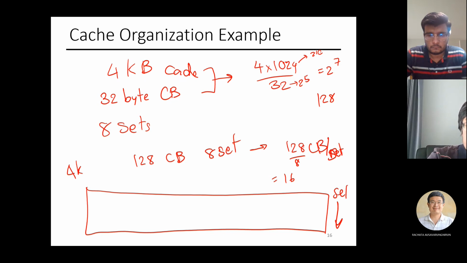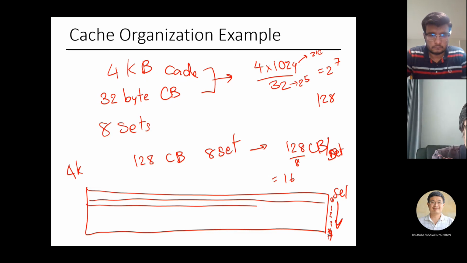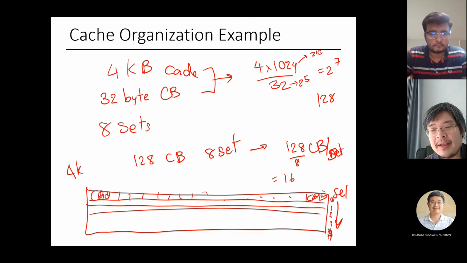This is the set: set 0, 1, 2, 3 to set 7, 0 to 7. There are 8 sets. Each row is 1 set. And each row, you can divide into 16 cache blocks. This is cache block 0, cache block 15 in the set. So that's how it's organized.